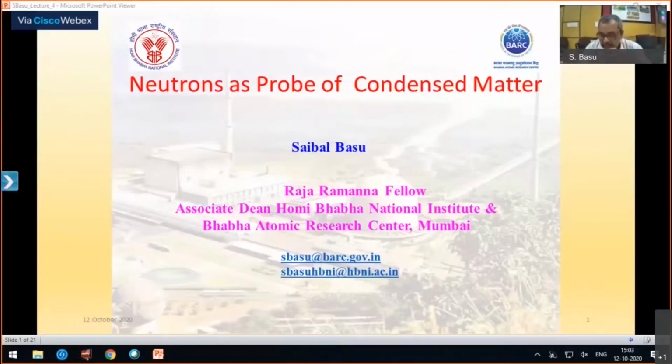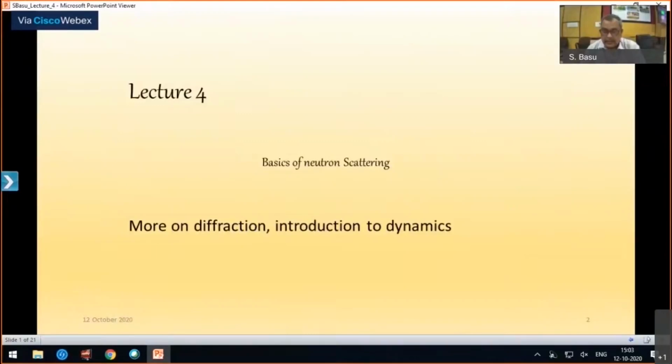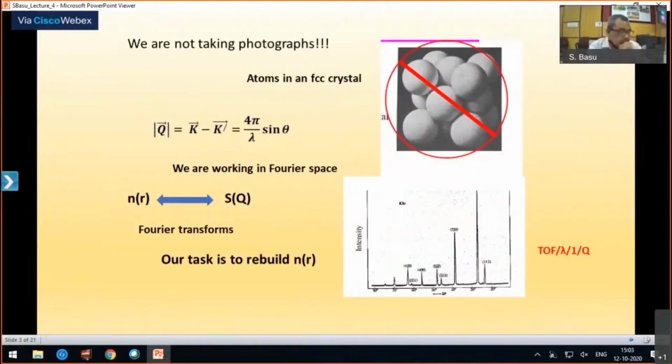So we were discussing, if you remember in the last meeting, diffraction of neutrons. I ended the last lecture stating that we are working in Fourier space, and we need to get our data in that space.